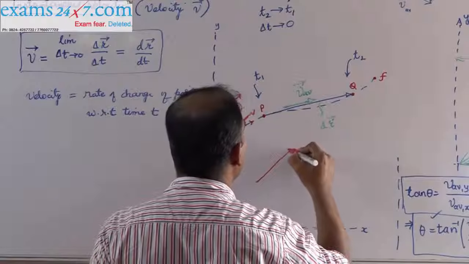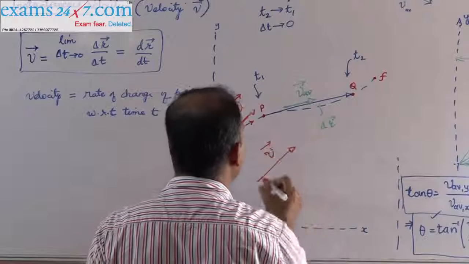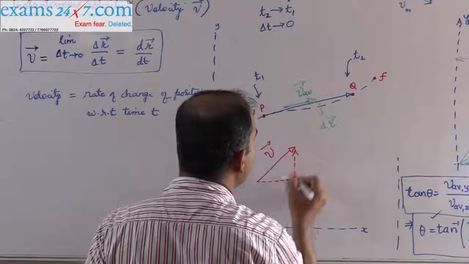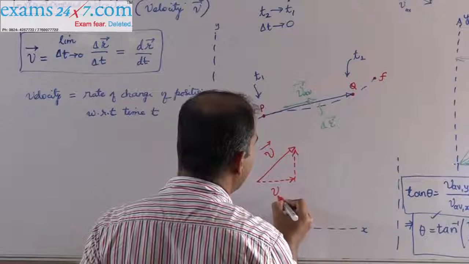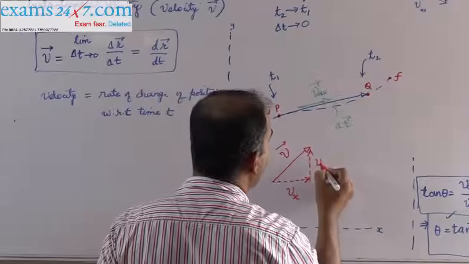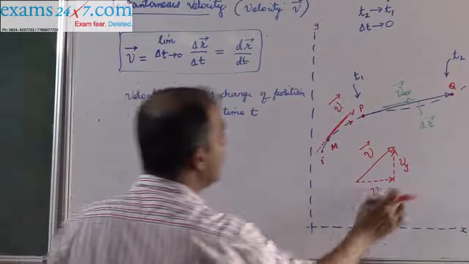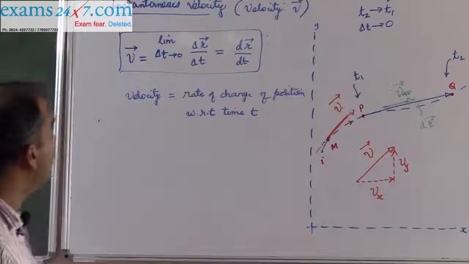Instantaneous velocity again is going to have two components, one along the x-axis, another along the y-axis. The x-axis component is given by Vx, the y-axis component by Vy. So let us see what these Vx and Vy are equal to.